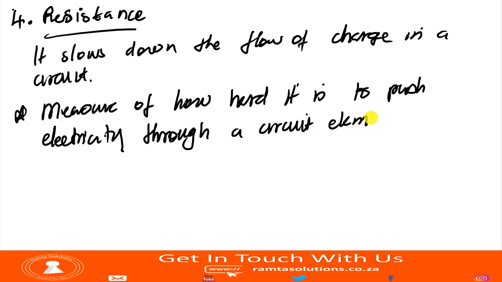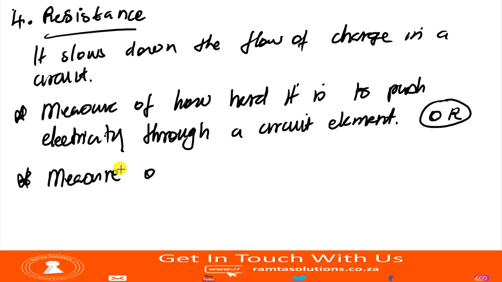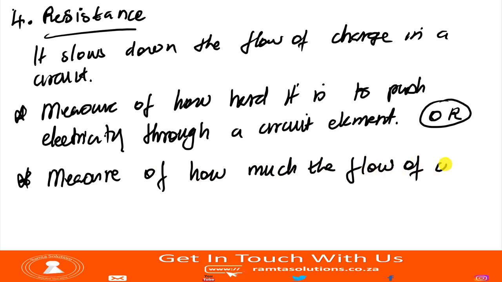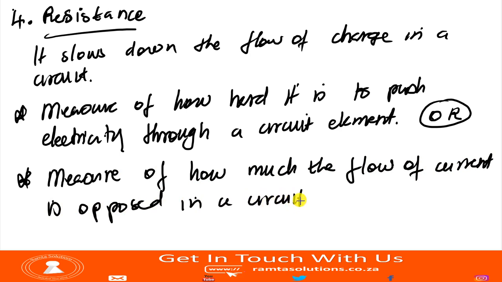Or you can say it is the measure of how much the flow of charges is opposed in a circuit, whether in a circuit or circuit element, it doesn't matter.